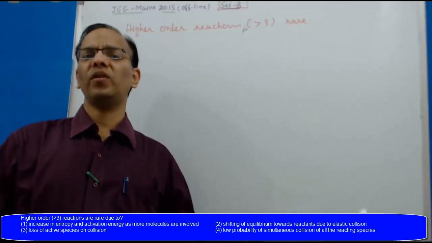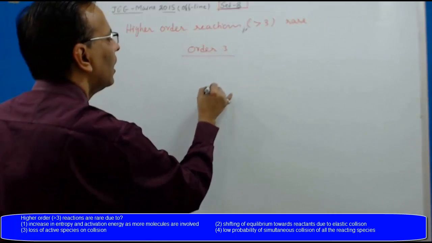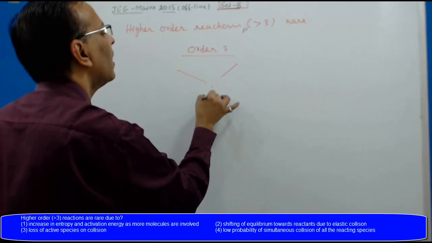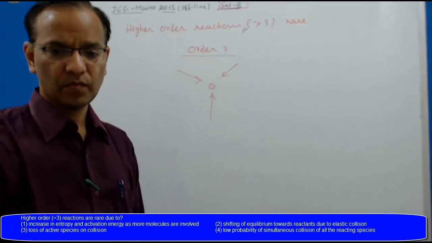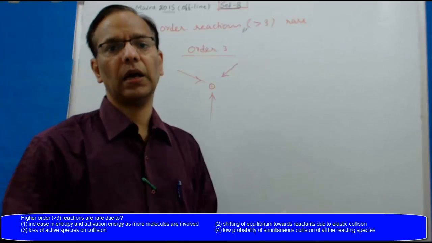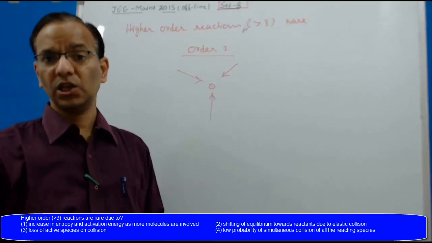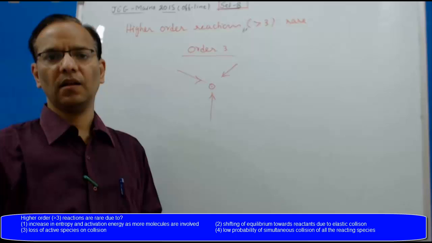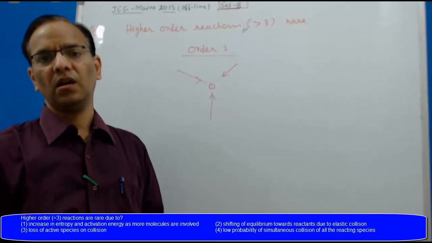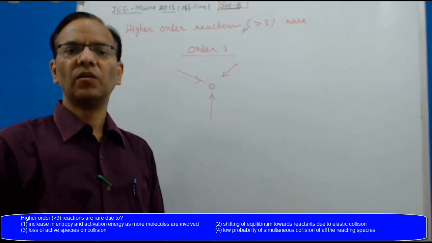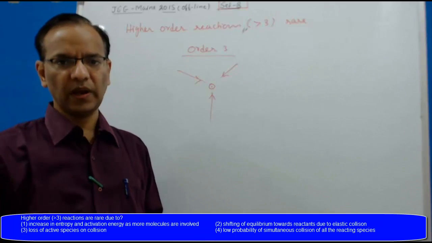3 के लिए सपोज करो, इफ वी टेक द ऑर्डर 3, फॉर ऑर्डर 3 at a point 3 particles will have to collide simultaneously. अब 3 पार्टिकल साइमल्टेनियसली अप्रोच करे पॉइंट को सेम टाइम पे, इसी की प्रोबेबिलिटी कम है। और 3 से ज्यादा यानी कि 4 पार्टिकल इकट्ठा एक ही पॉइंट पे आके कोलाइड कर जाए, that will have further less probability, and so that will be less likely.